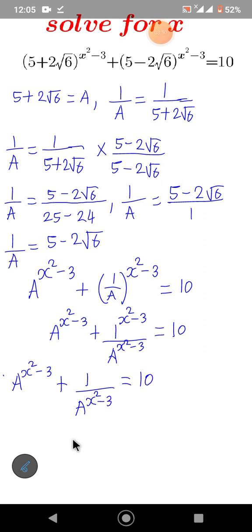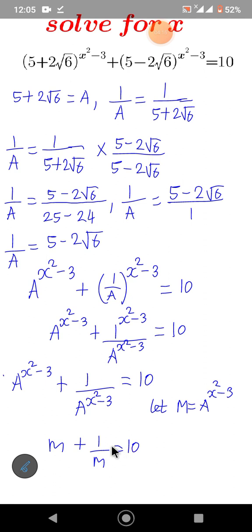Then now I can say let m be equal to a raised to the power of x squared minus 3. So anywhere I see this, I put m. So here will become m plus 1 all over m equal to 10.